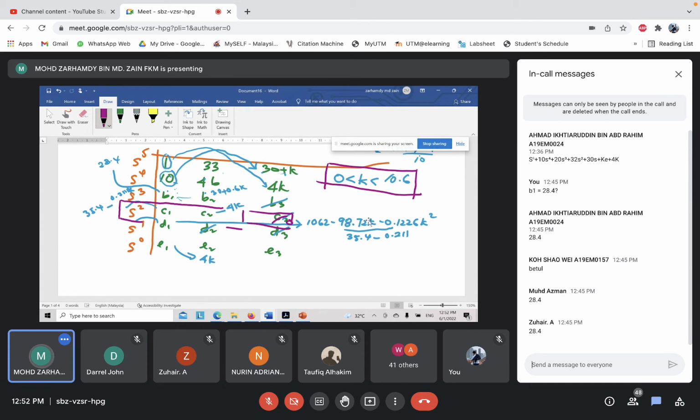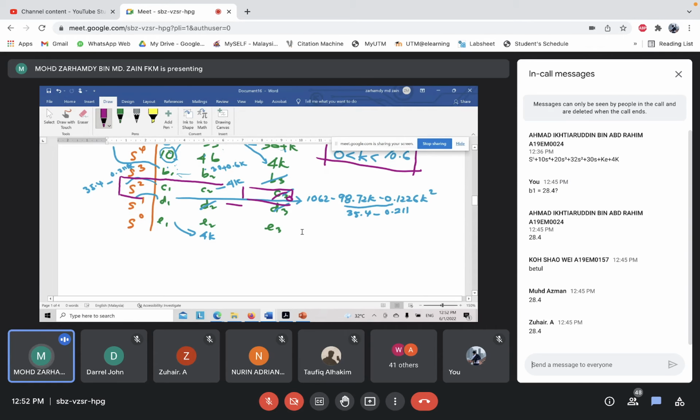Our C1 is 35.4 minus 0.122K, S square plus 4K equals 0.